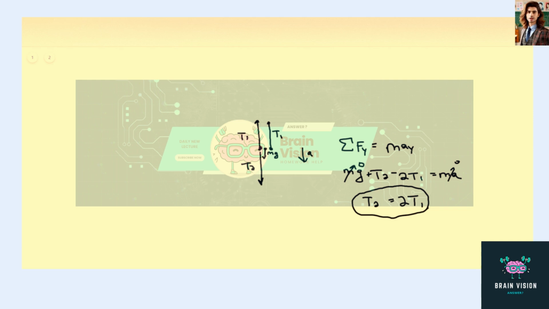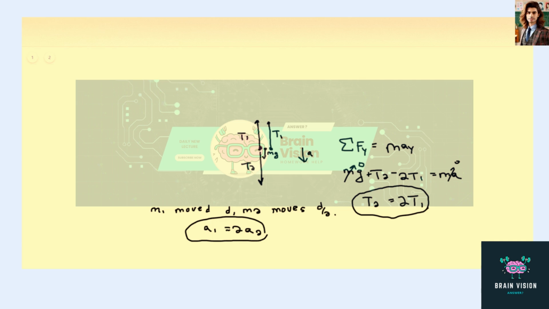Because mass 2 is on a pulley, it actually turns out that if mass 1 moves a distance d, say, then m2 moves d over 2, because m2 is attached to a pulley and you need to move double the distance in order to move that same distance in m1. And so because we have this relationship here, we know that the acceleration of block 1 is equal to 2 times the acceleration of block 2. And that's the fourth equation we need.